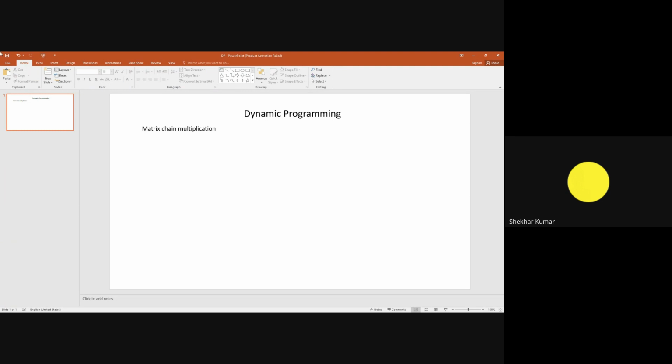Suppose there are 4 matrices. These matrices are your A1, A2, A3, and A4.